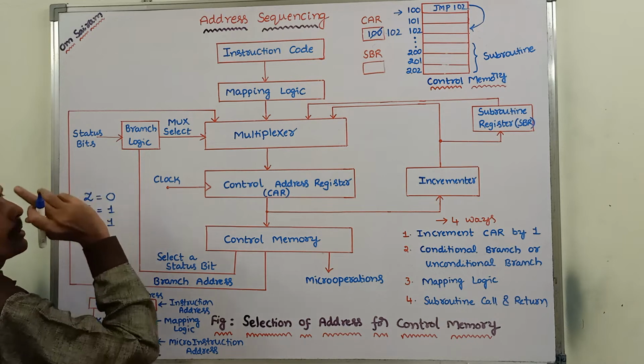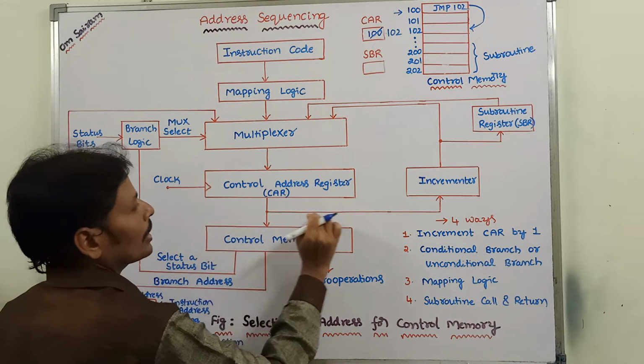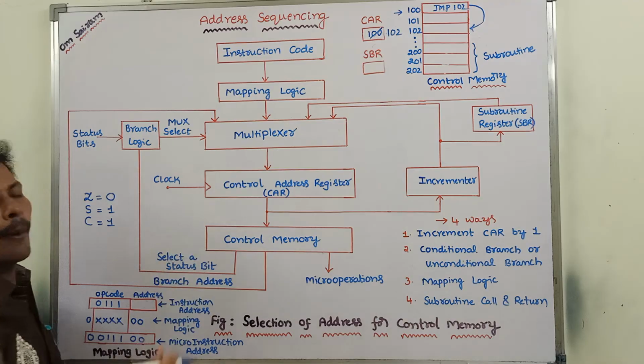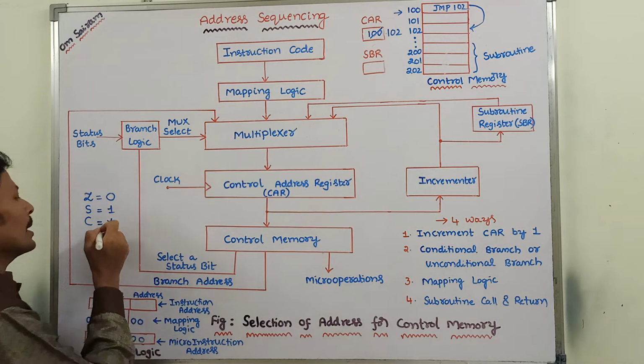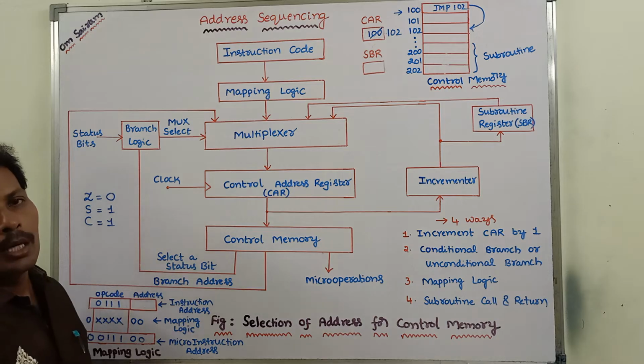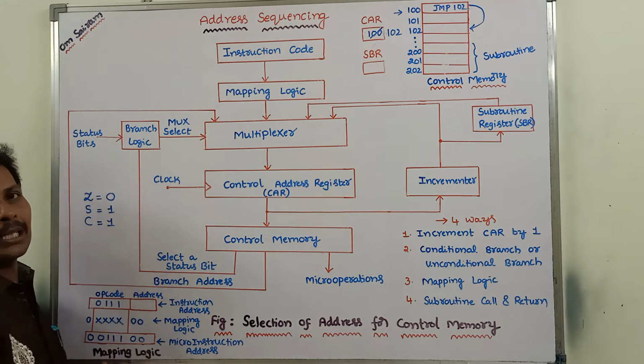Otherwise, simply we have to increment the content of the control address register by 1. In this way, we have to select the next micro instruction address by using the status bit conditions.